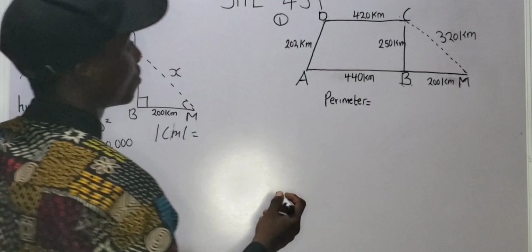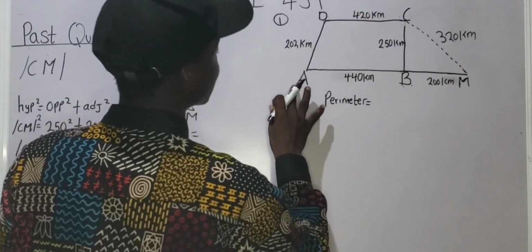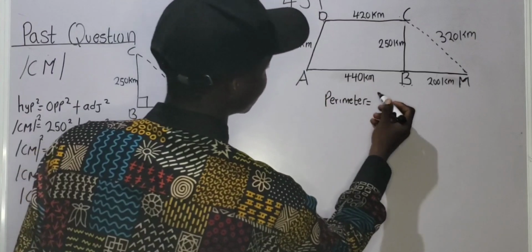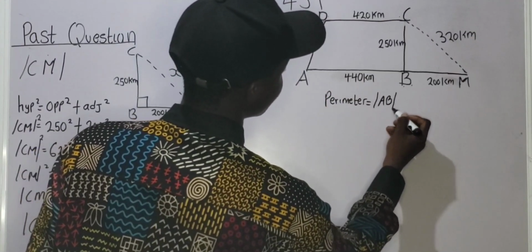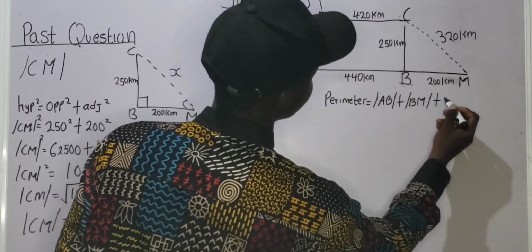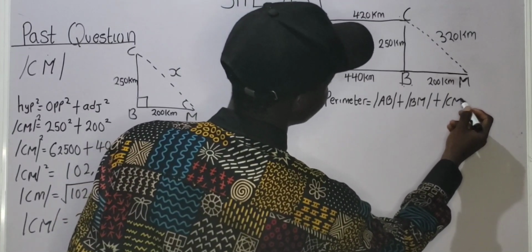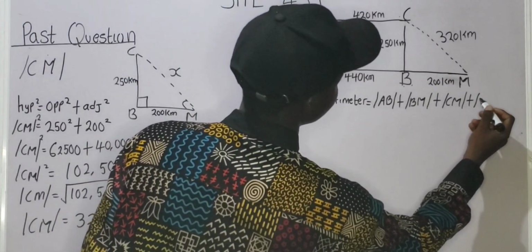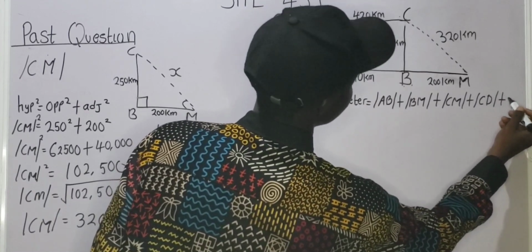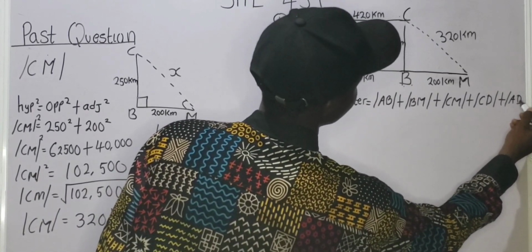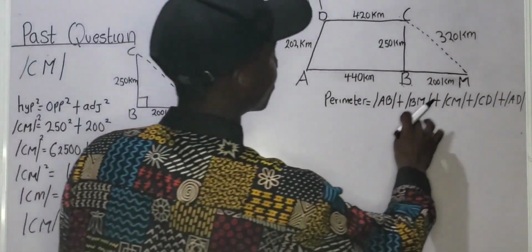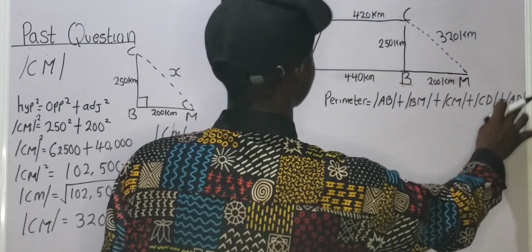The perimeter is equal to, let's start with line AB. Line AB plus line BM plus line CM plus line CD plus line AD.